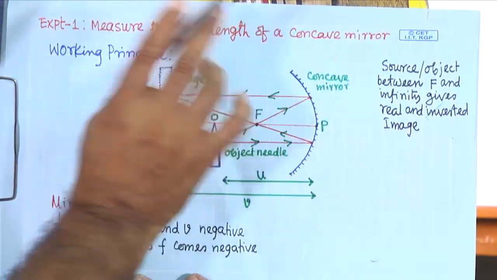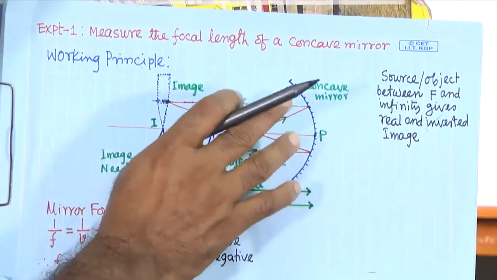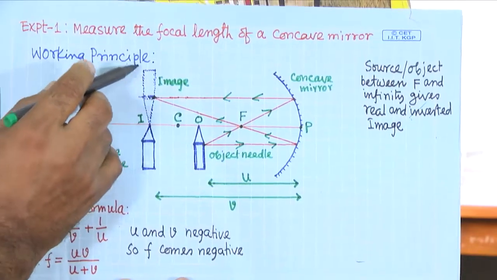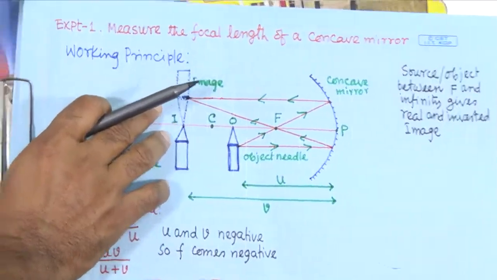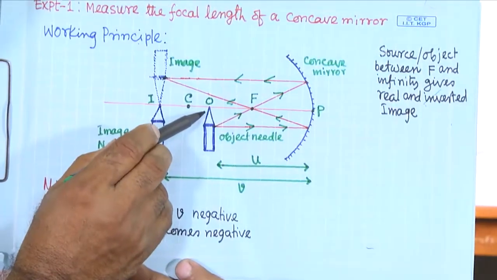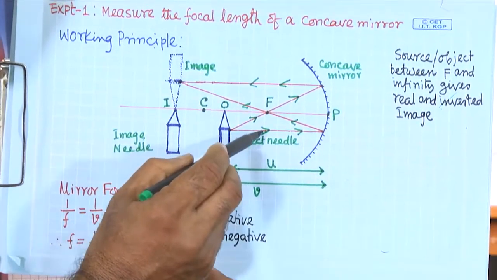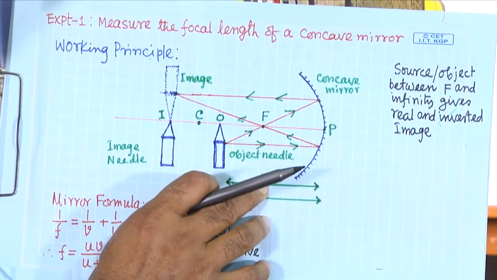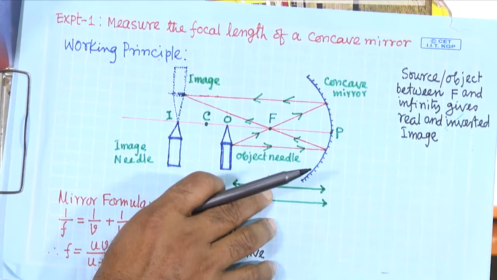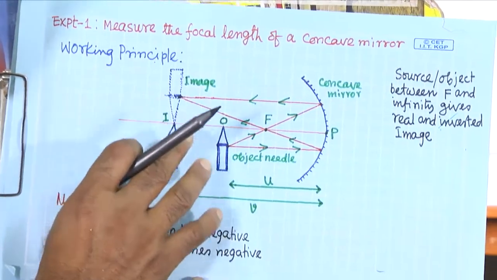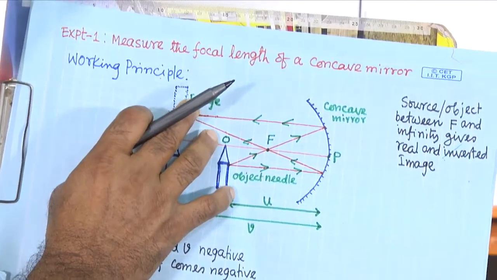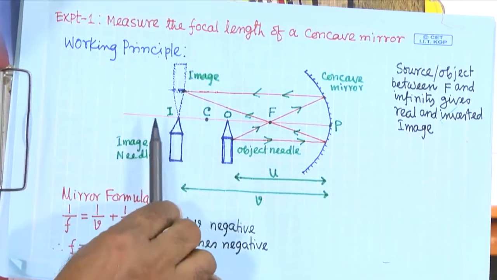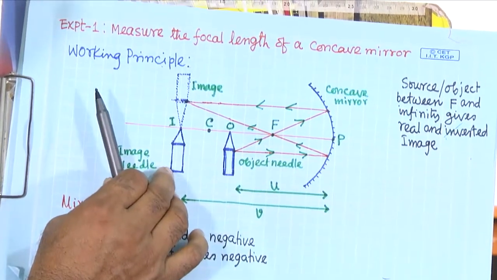So, if we look at the mirror, we will see the image is like this. Okay. Now, this is the object, so the object distance from the mirror is u, right. And now, we have to find out the position of the image. Okay. So, to find the position of the image, we will take another needle. Okay.